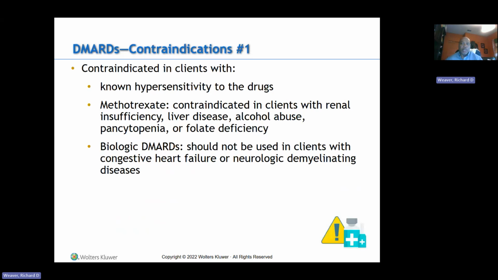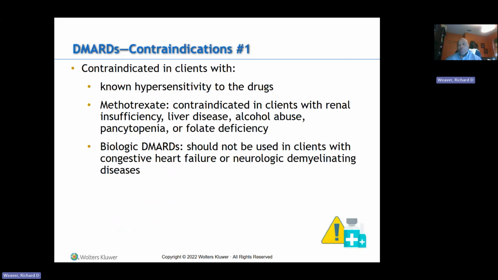Now all categories of these DMARD drugs are contraindicated if someone has a known hypersensitivity to the drug. Also, clients with renal insufficiency, liver disease, alcohol abuse, pancytopenia, and folate deficiency should not take methotrexate, for example, which is one of the DMARD drugs.